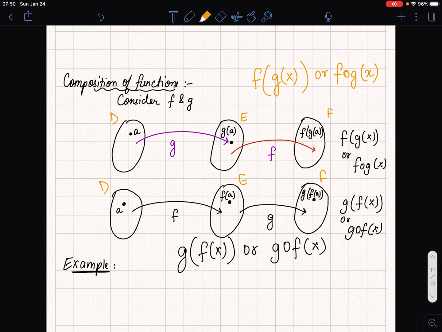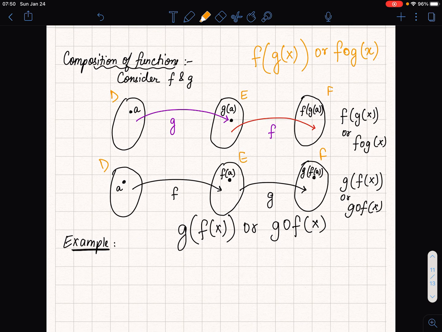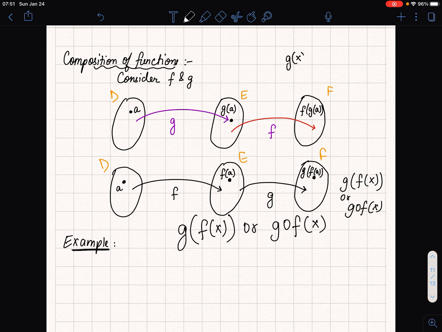Next comes the composition of functions. You have a function in the following fashion: a function from d to e and then to f. So g is a function from d to e, while f is a function from e to f. Then we define the function in the following manner. We have the first function to be g of x, and then we have the second function f of g of x.